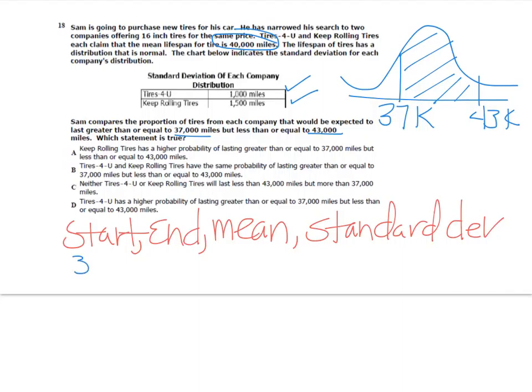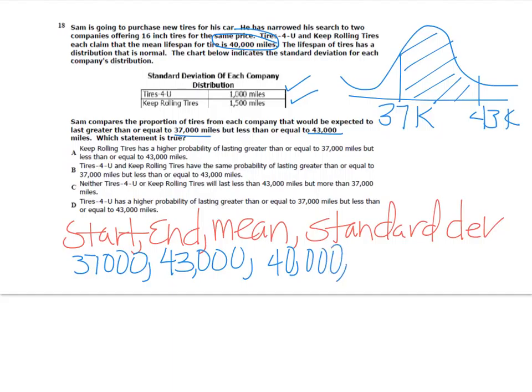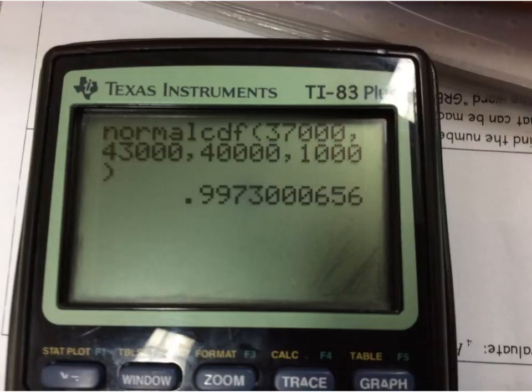So we're going to do second distribution, normal CDF, and we're going to put in the calculator 37,000, comma, 43,000, comma, the mean, which is 40,000, comma, the standard deviation for tires for you, which is 1,000. Let's see what we get when we put that in the calculator.